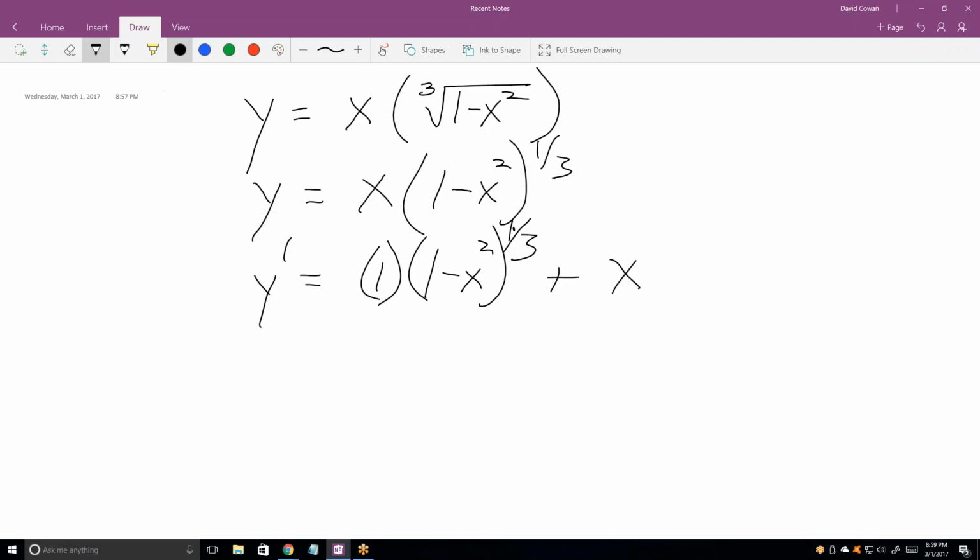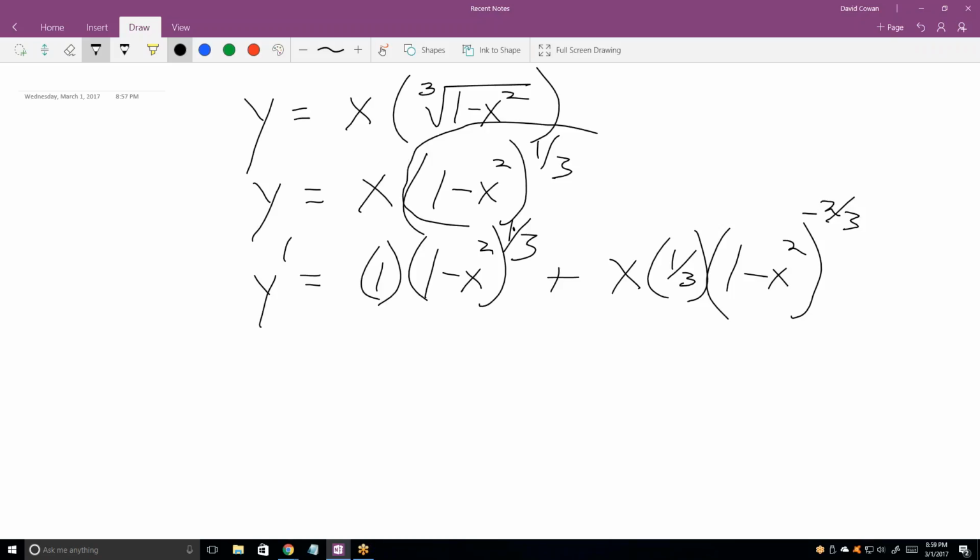times 1/3 times 1 minus x squared to the negative 2/3. Now we have to apply the chain rule because we were taking the derivative of that term.